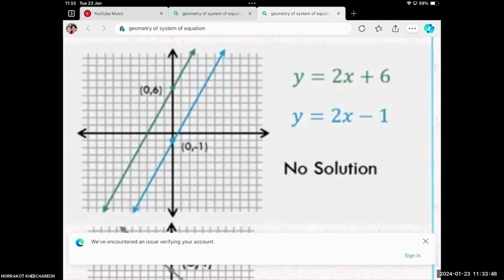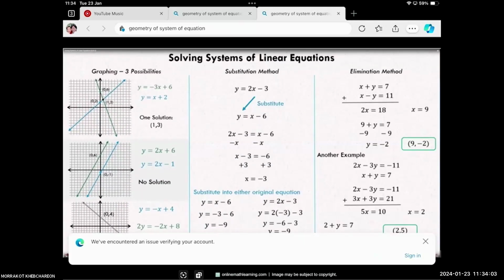These are called the infinitely many solutions, okay? So it's going to be all these 3 cases. But now we will focus only on the case that we can try to find 1 solution, okay? 1 solution. This is for 2 equations and 2 unknowns, okay?